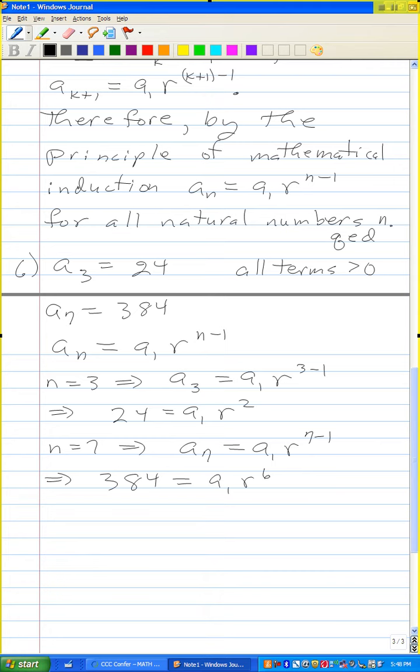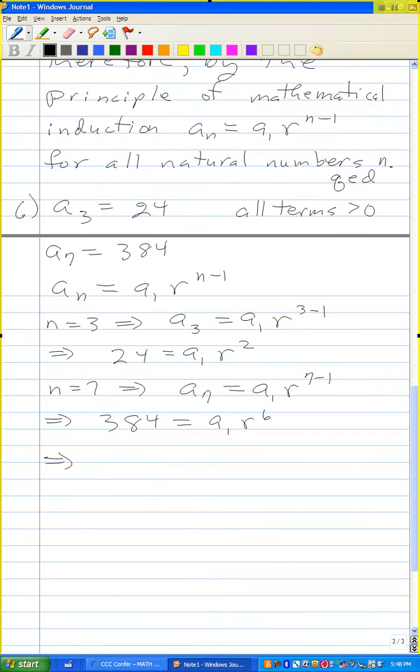And so I have here 384 is equal to a1 r to the 6, and I have that 24 is equal to a1 r squared. Therefore, their ratios are equal.